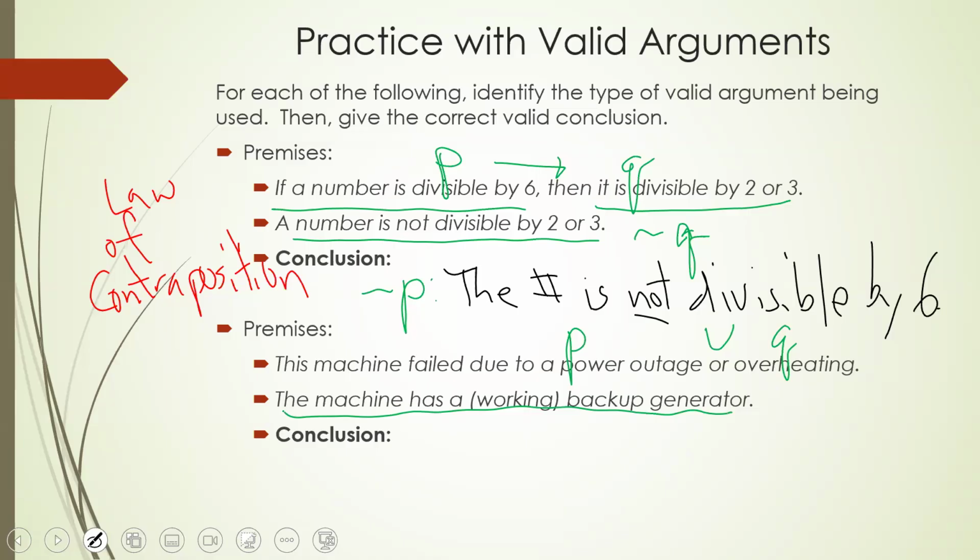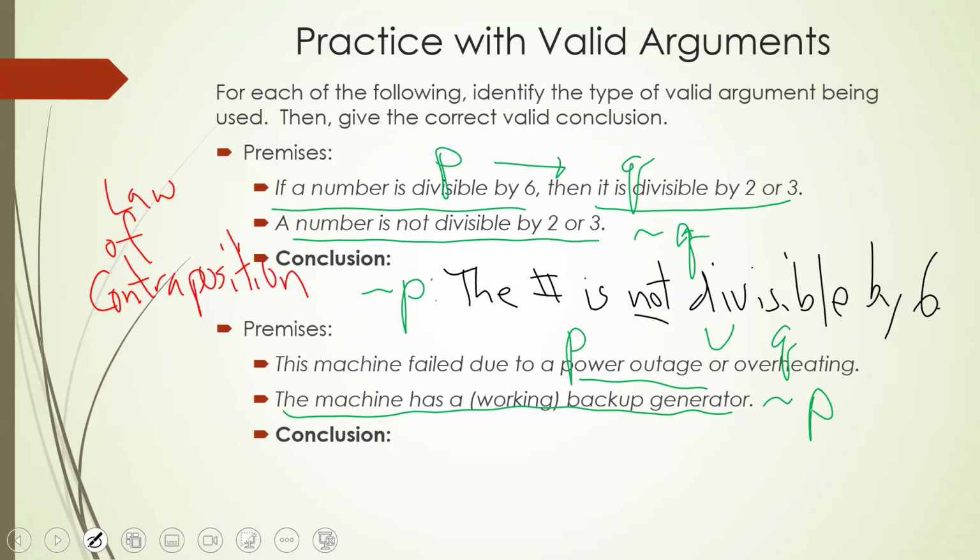However, we can also use some reasoning here that if it has a working backup generator, then it would make sense that the power would not go out, right? So it appears that there is power, which means that not P is true, right? So it did not fail due to a power outage.